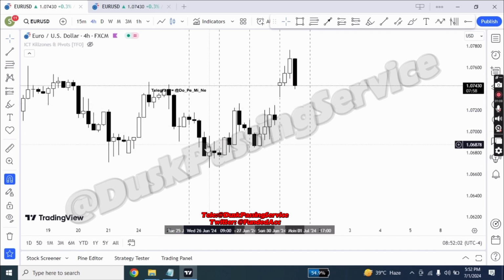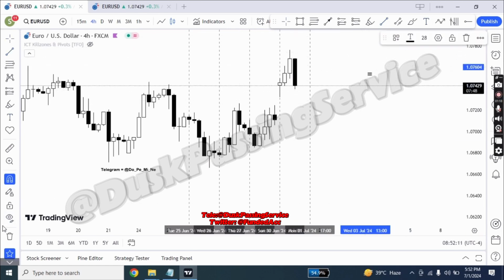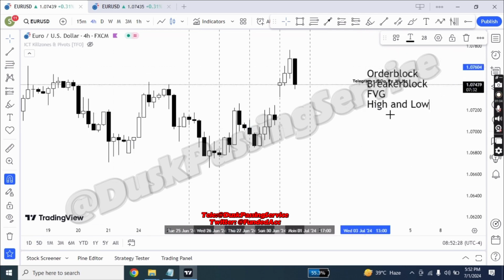We're going to start right here, and you can see that we could use a key level either in the form of an order block, a breaker block, an FVG, or a high and low, right? These are the key levels that we can find on the 4 hour to integrate with market profiles and potentially generate trade ideas, right?